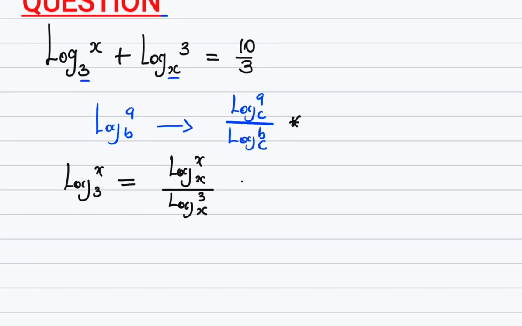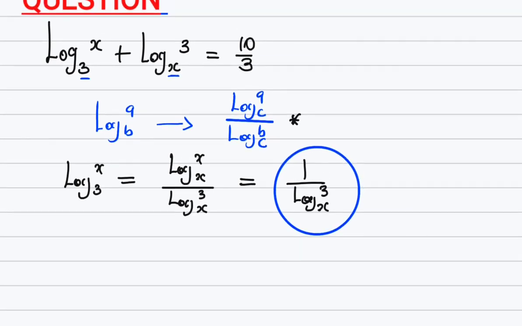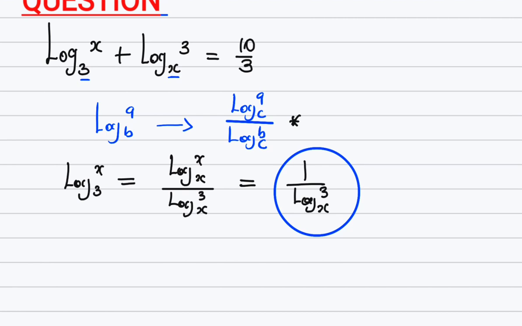But we know again from laws of logarithms that logarithm to its base is 1. So log x base x is 1, and I have 1 over log of 3 base x. This very expression, I'm going to use it to replace log of x base 3 because they are the same thing.